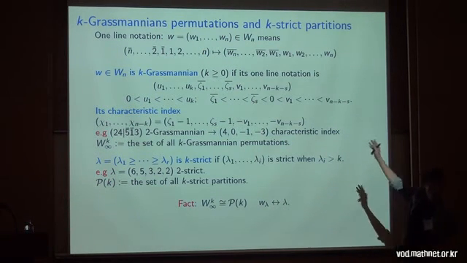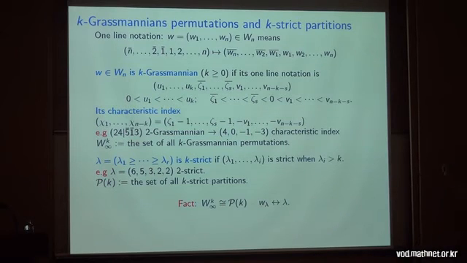So if you know the targets of 1, 2, 3, the positive numbers, you know where the negative numbers go. So you can just pick up w1, w2, w3, the images of the positive numbers, and that's called one-line notation. It's just a simple notation to write the signed permutation. Among w1, w2, through wn, there might be some negative numbers, or bar numbers.